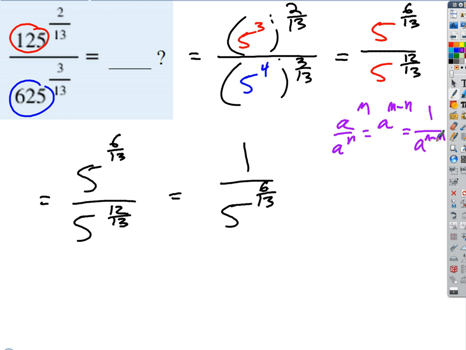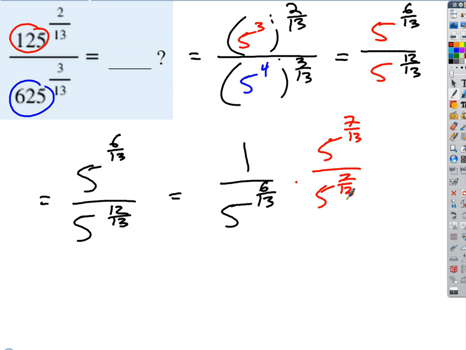So that means multiplying top and bottom by 5 to the 7 13ths. Right, so I end up with 5 to the 13 13ths. So I just get a plain old 5 on the bottom and 5 to the 7 13ths on the top.